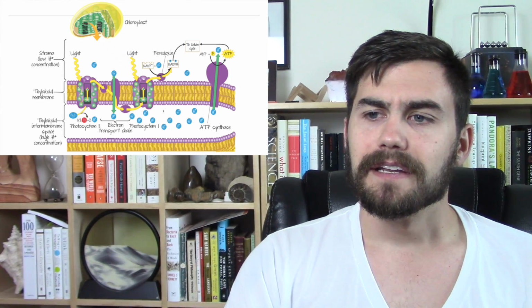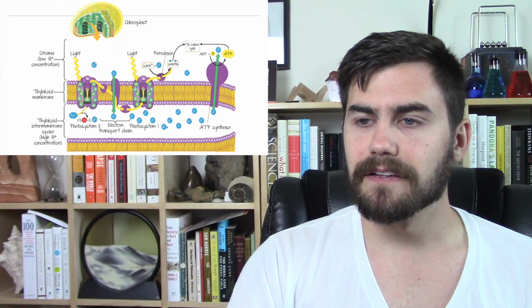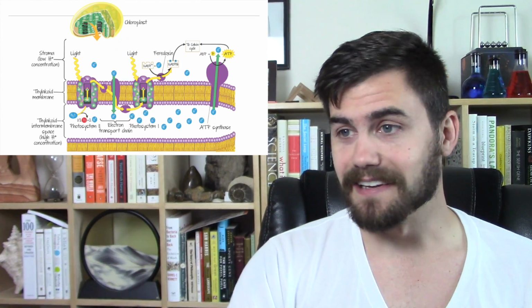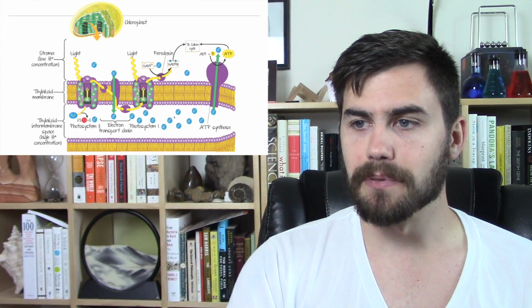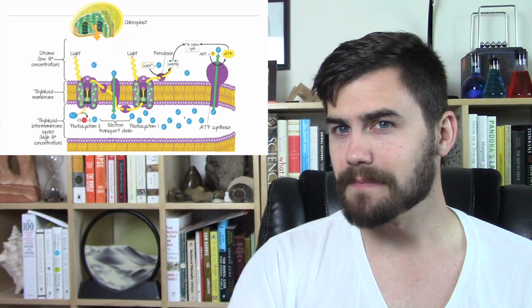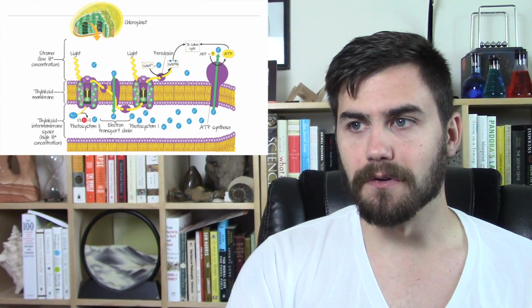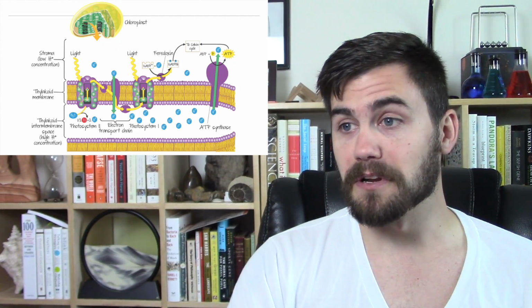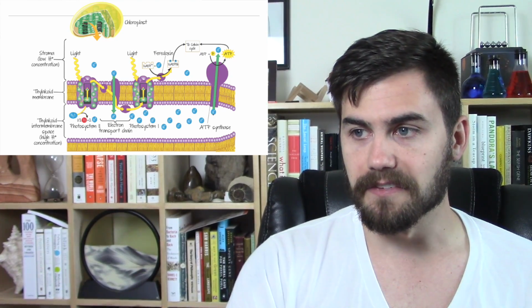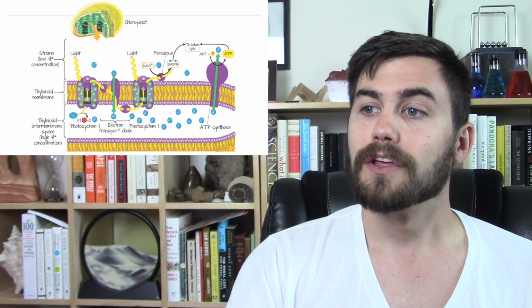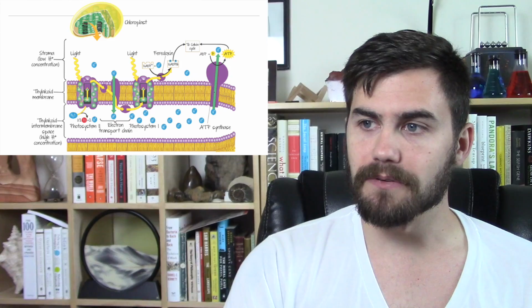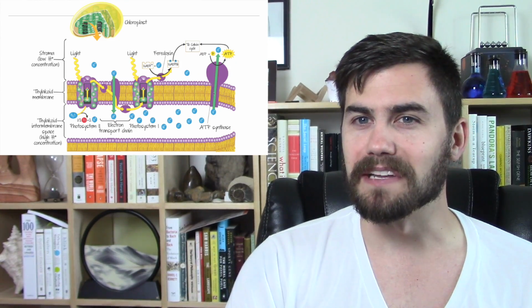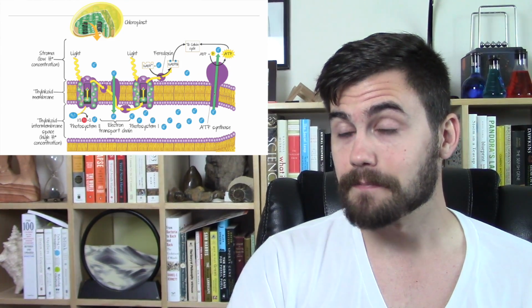Now, nature doesn't like things to be one-sided. So these hydrogen ions build up on one side of the membrane, but that's not ideal. We want a state of equilibrium to be reached. So these hydrogen ions move across the membrane through a protein structure called ATP synthase.